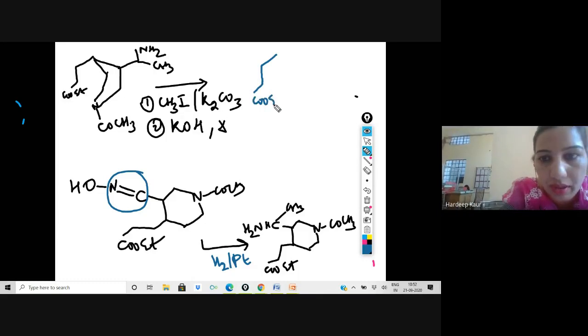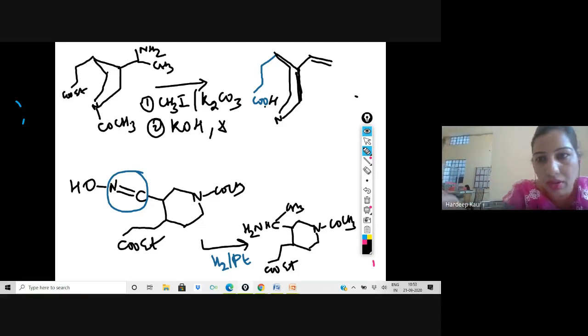So we will convert this into, let me write this as H. Now we will be having this N. So we can write this as there is reductive amination. So this is converted into double bond.